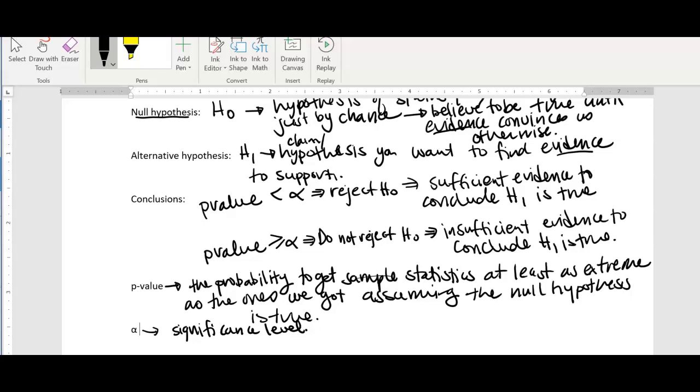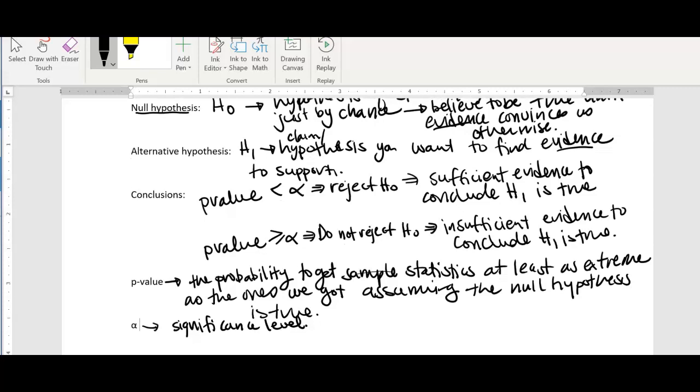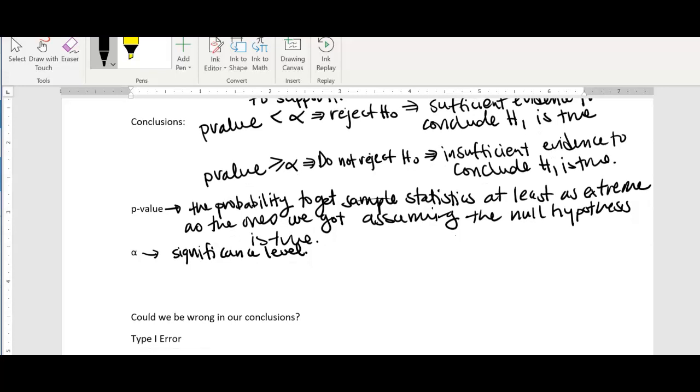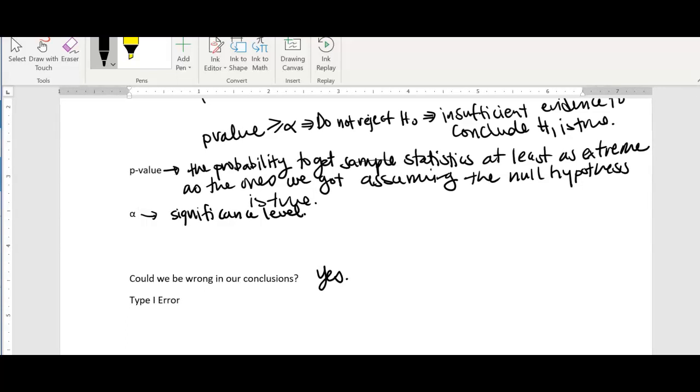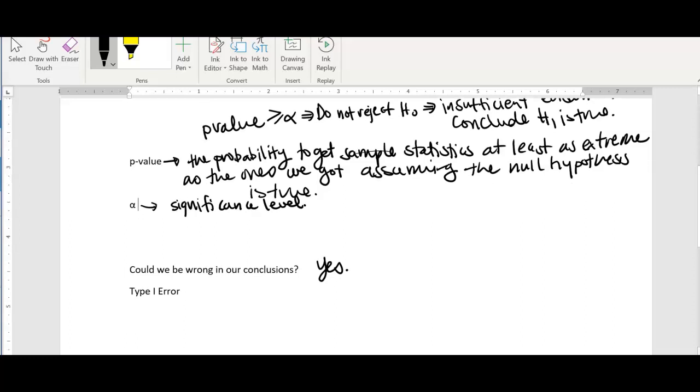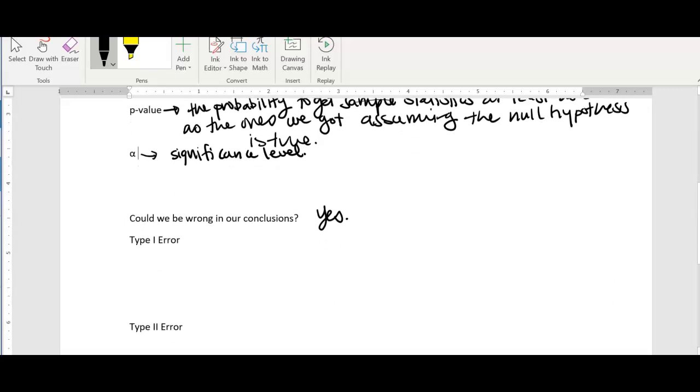But this is just probabilistic evidence, right? You don't ever actually know if you're totally right. Could we be wrong in our conclusions? Yep, we definitely could, okay? Because just because something is unlikely to happen doesn't mean that it's not going to ever happen. It could possibly have happened, right?